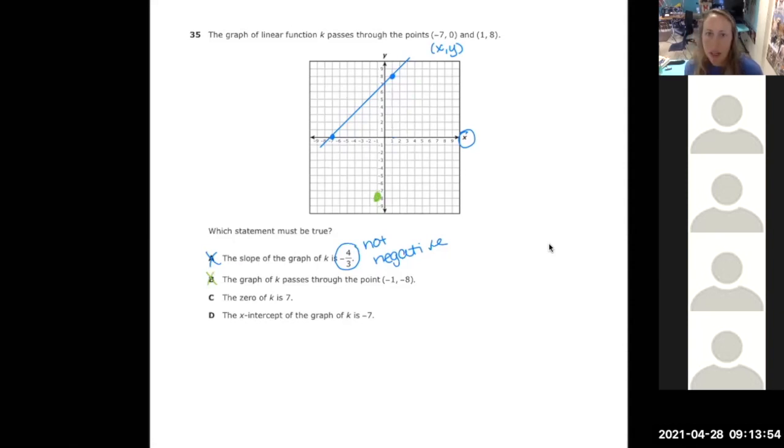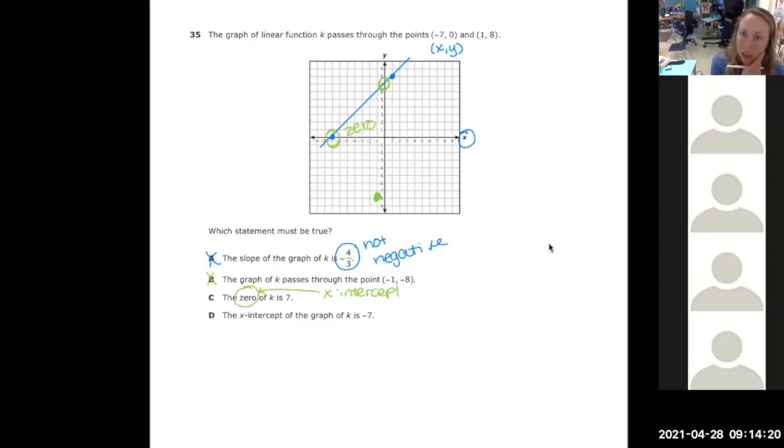The 0 of k is 7. So this one's trying to trick you. 0 means x-intercept. The y-intercept is 7, but the x-intercept is -7. So this is the 0. Okay, not the y-axis. So that one was trying to trick you.